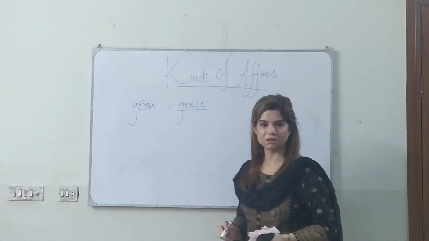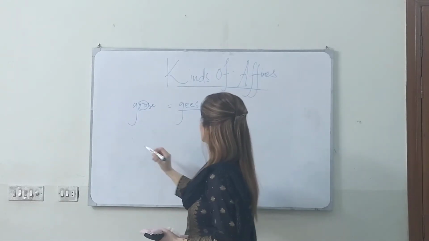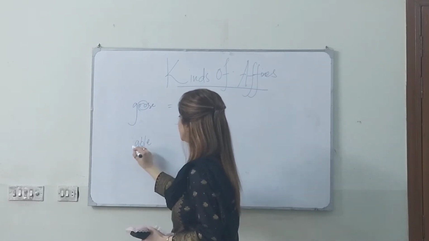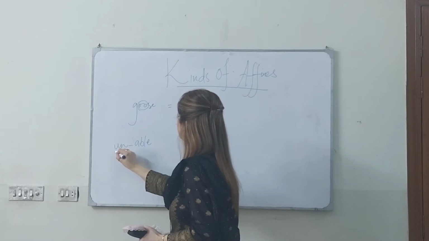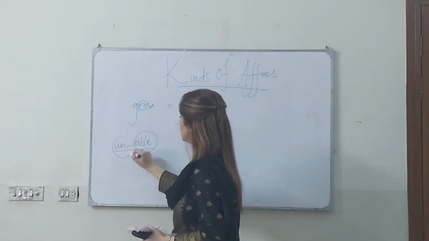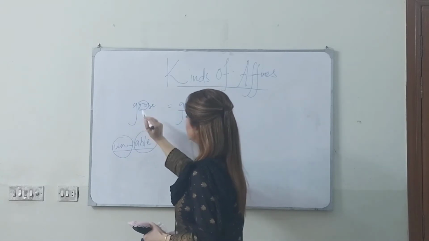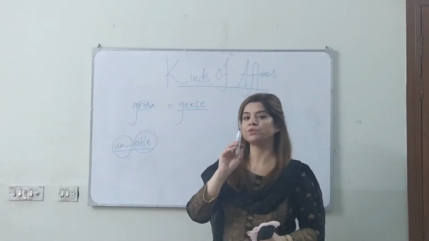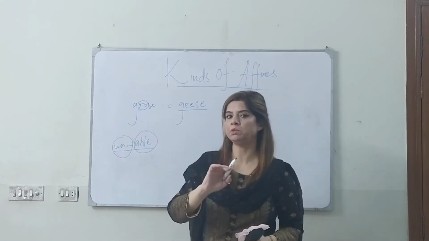It will become geese. If the word is able and I add un, it will become unable. Now able has a different meaning, un has a different meaning. Here we didn't change the structure. Here we change the singular and plural form.